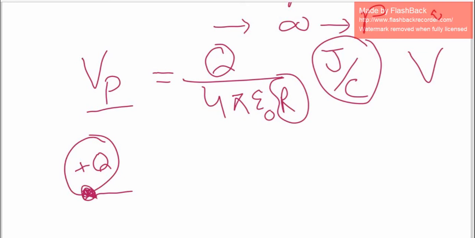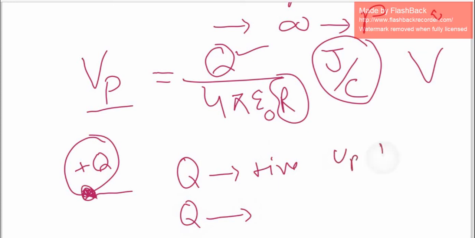If q is positive, the potential within space is positive for a single charge. If q is negative, Vp is negative, that is, the potential is negative everywhere in space.